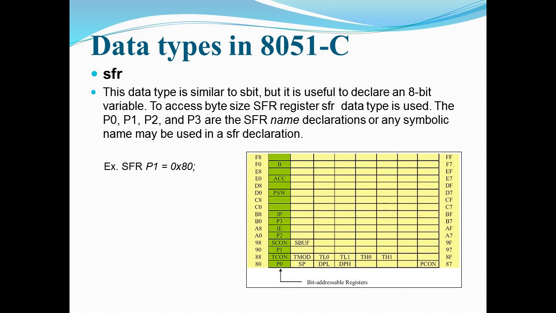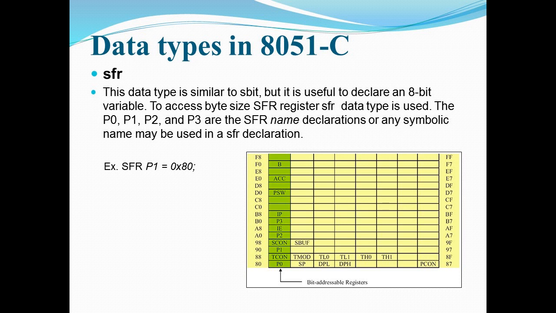Now the next data type is called SFR. SFR stands for special function registers. This special function register data type is used to address the different kinds of ports, or the different kinds of registers within the 8051. By using SFR, we can call these registers either by their name or by their addresses.